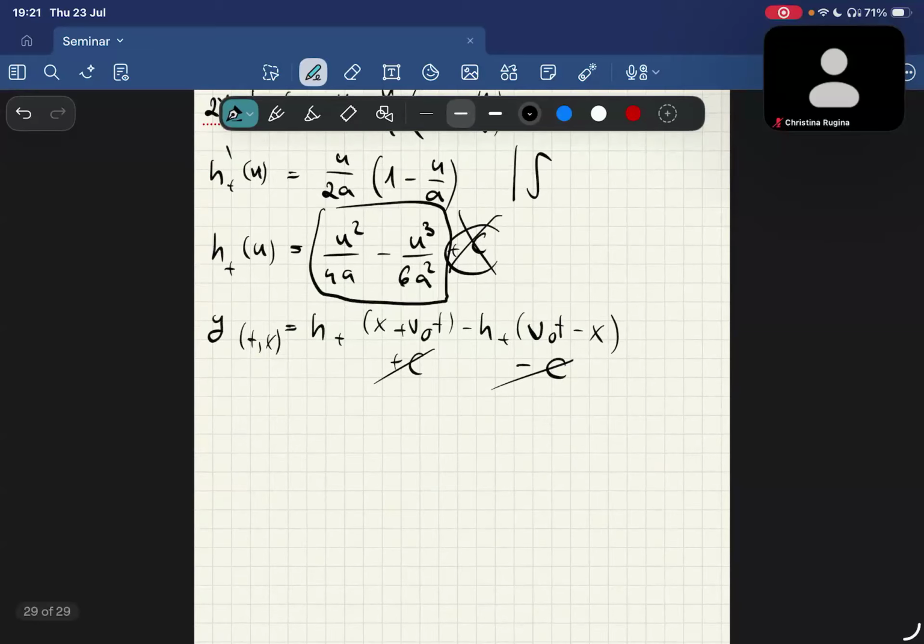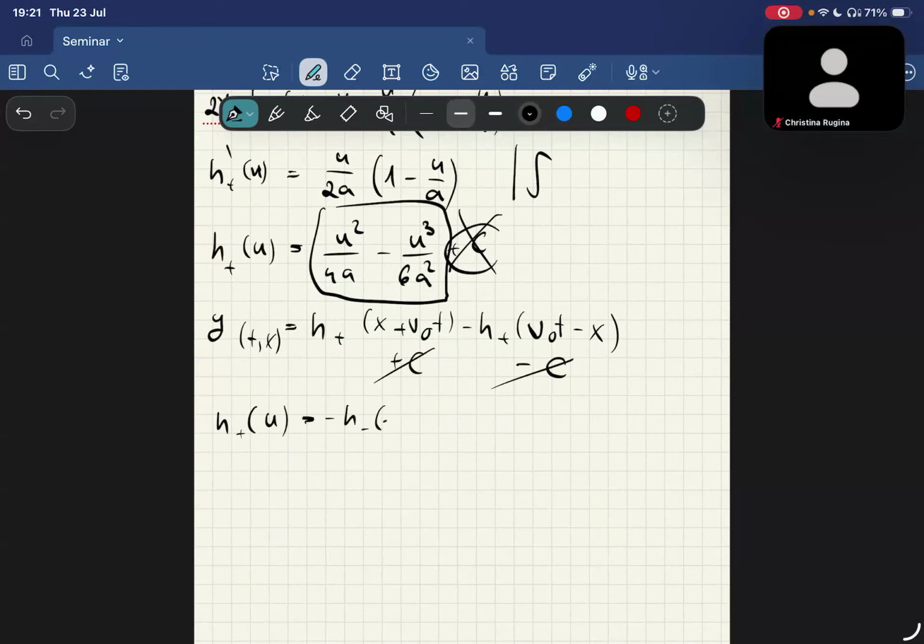Now, there is another issue that we didn't speak about, that we also have to keep the property that h plus of u is equal to minus h minus of minus u, which will be h plus of minus u.